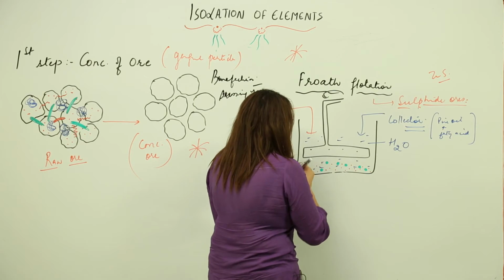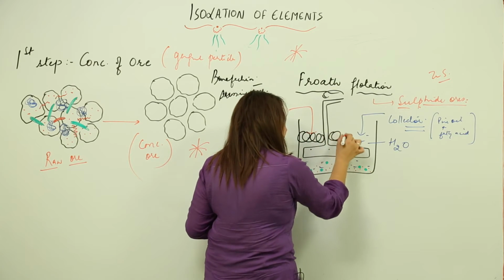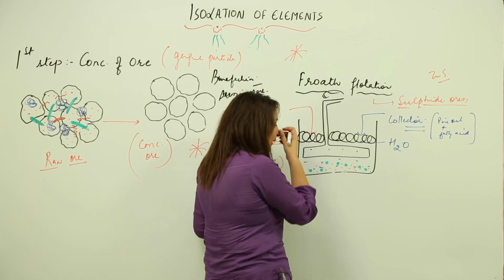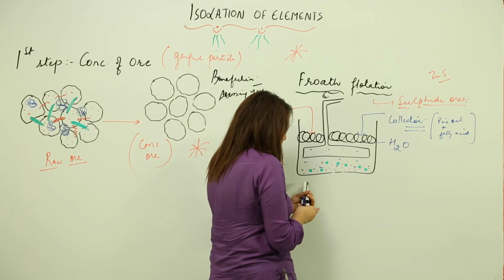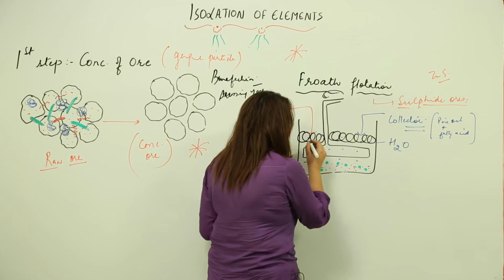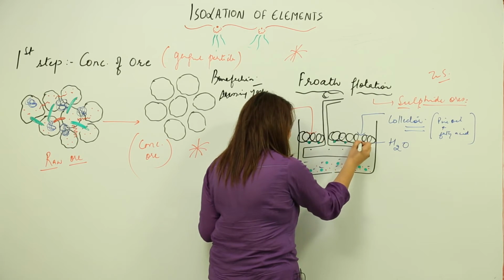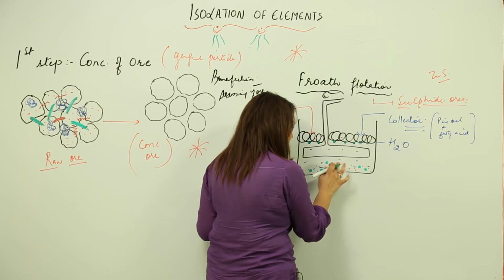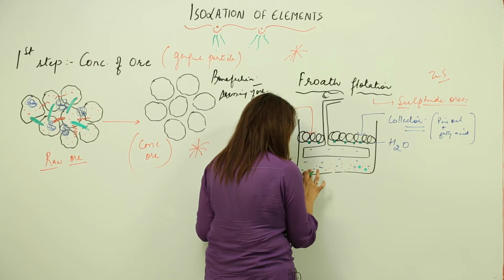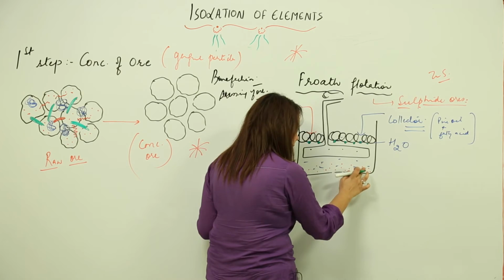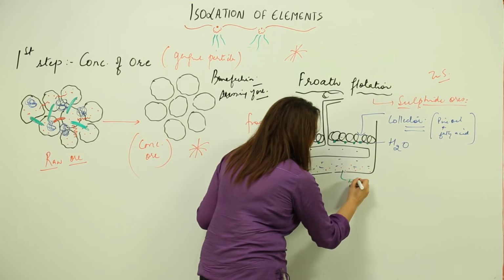So I'll draw a froth. Now to this froth, the sulfide ores actually have the property to stick to it, so it gets stuck to it, and it is removed from the top, and what we are left with at the bottom is just the impurities.